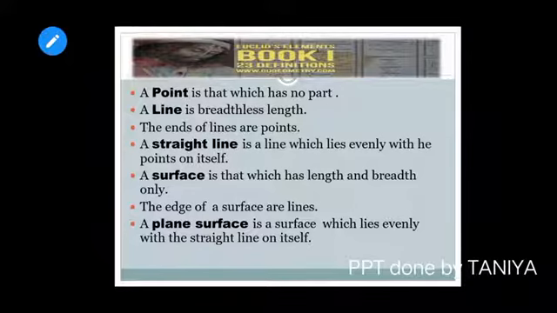A line is breadthless length. The ends of lines are points. A straight line is a line which lies evenly with the points on itself. A surface is that which has length and breadth only. The edge of a surface are lines. A plane surface is a surface which lies evenly with a straight line on itself.